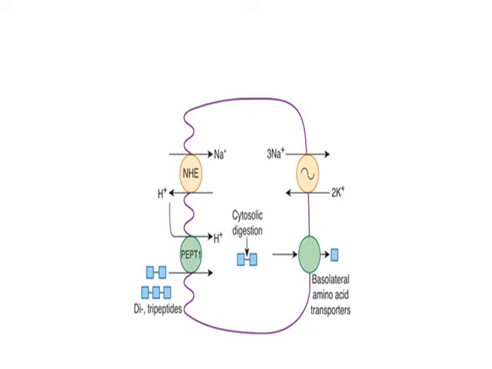The rest 2 transport systems are independent of sodium ion. Dipeptides and tripeptides are transported into the enterocytes by a different mechanism which utilizes H+ ion instead of sodium ion.